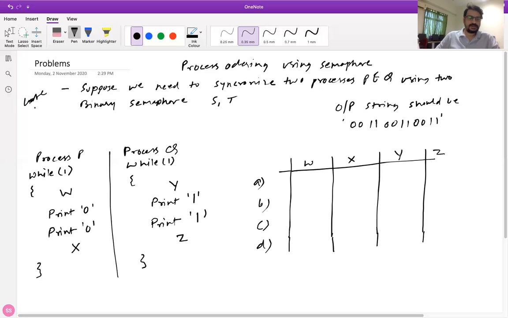It came, I think, in GATE 2011. Okay, so let's see what W will do. It will perform a function PS. X will do VS. Y will do PT, and Z will do VT.